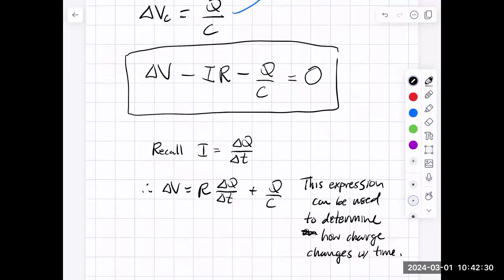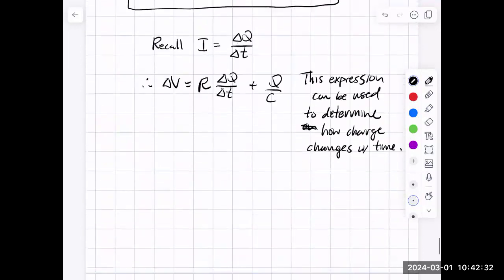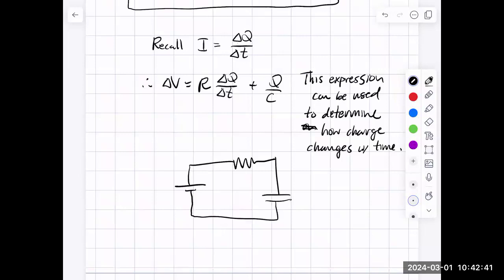Let me draw the circuit one more time. And so we're going to have our resistor and our capacitor. Let's just imagine that we take our switch S, we close it at time t equals 0, and we watch the charge across the capacitor.